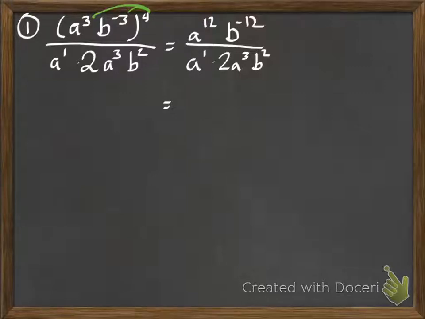I typically get my numerator and denominator cleaned up to where they have only one of each variable. So, in this case, that means combining my a's in my denominator. So I have a to the 12th in the numerator, b to the negative 12th in the numerator, divided by a to the 4th, b to the 2nd.